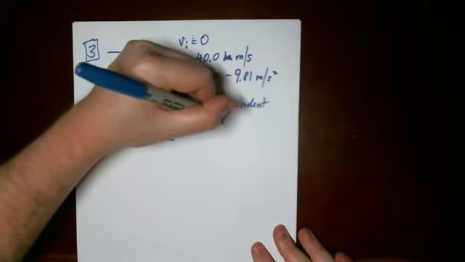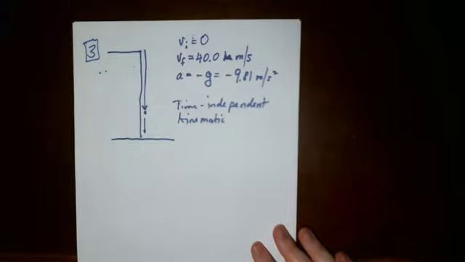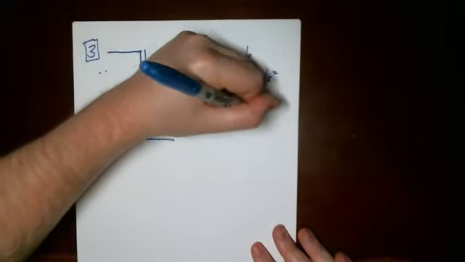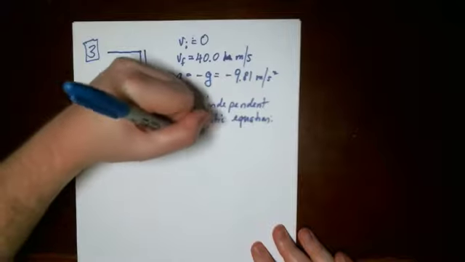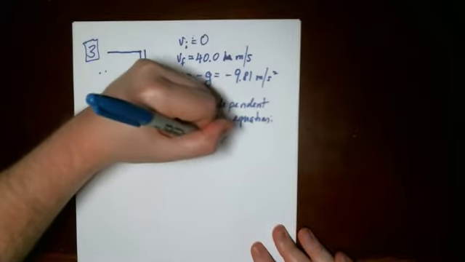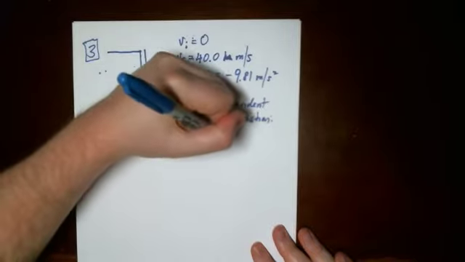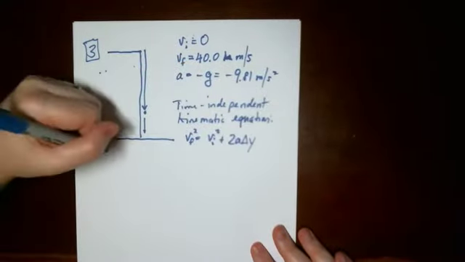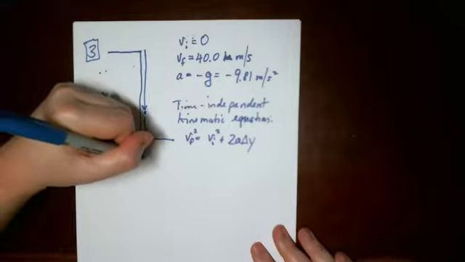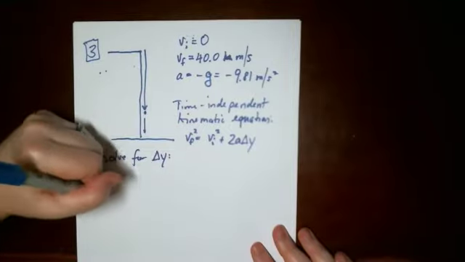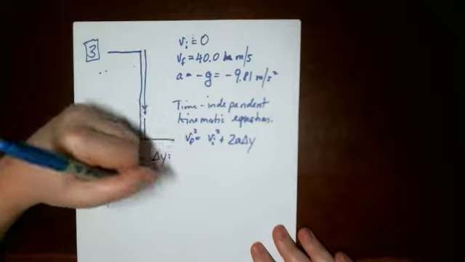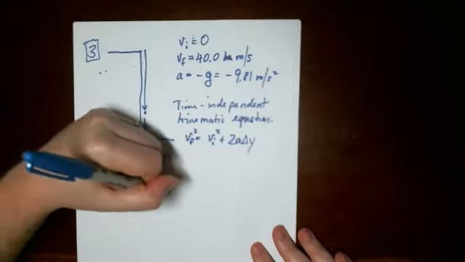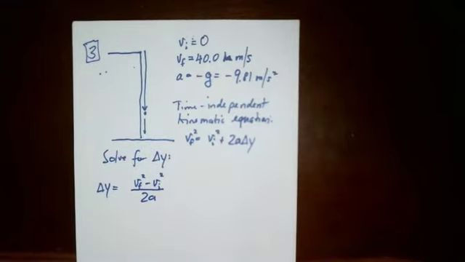But this time, we're not going to solve for velocity or acceleration. We're going to solve for delta y in this case. So we'll write this in terms of y rather than x. Vf squared equals Vi squared plus 2a delta y. We want to solve for delta y. So delta y equals Vf squared minus Vi squared over 2 times the acceleration.